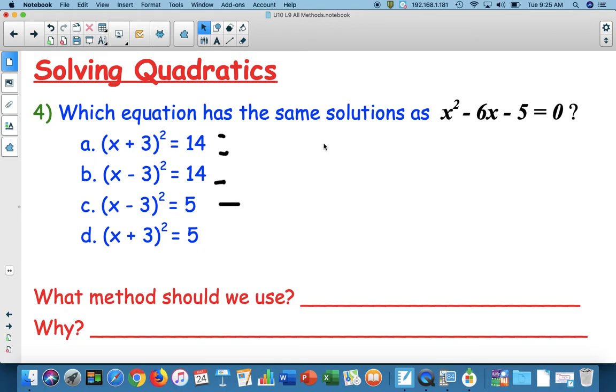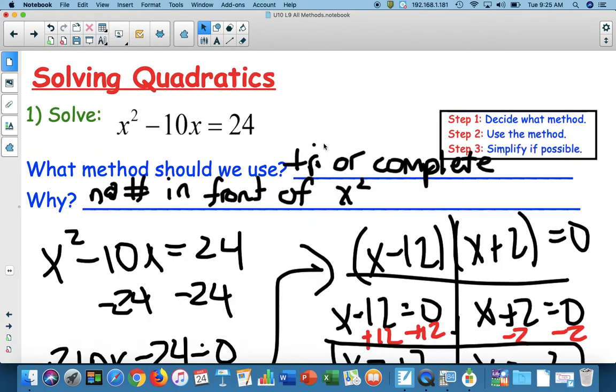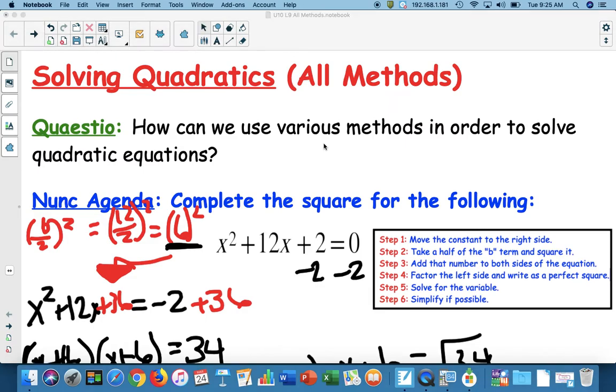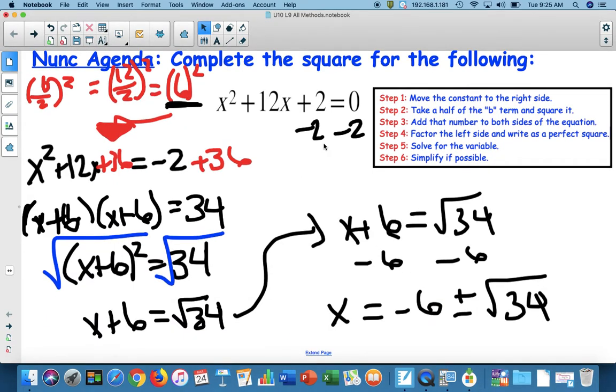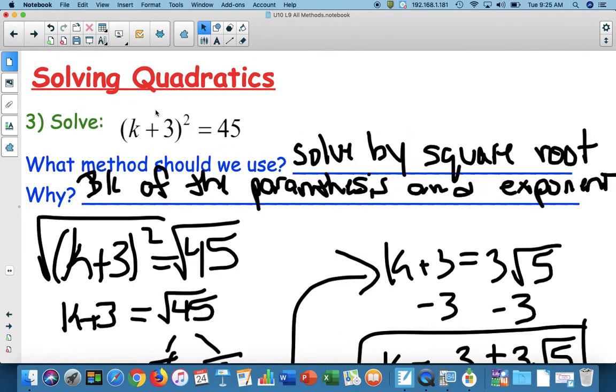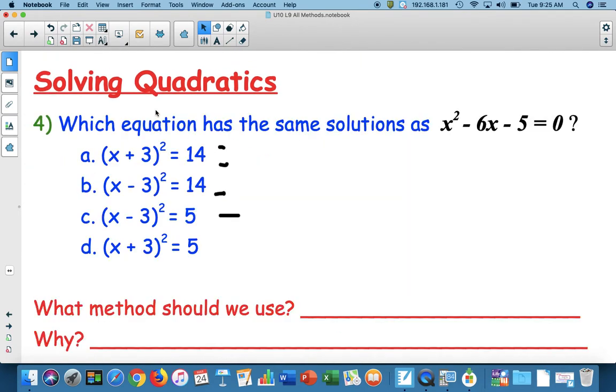If you guys remember, I'm going to go back a little bit to the do now. If you guys remember, for complete the square, where it has blue, this is pretty much a step it wants you at the last question. Wants to see how it gets to one of these choices, okay? So that's what we're going to check out right now.